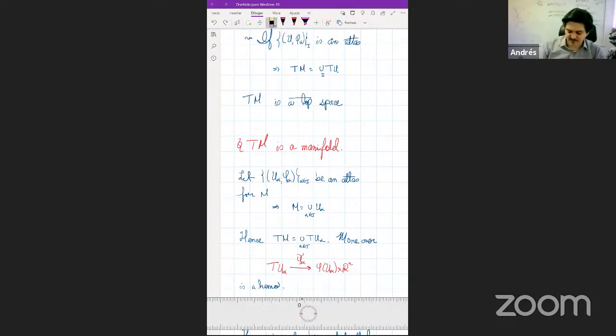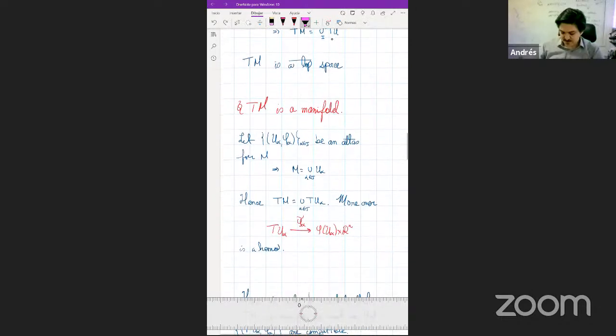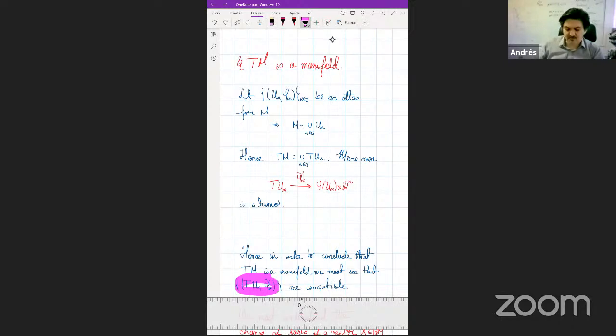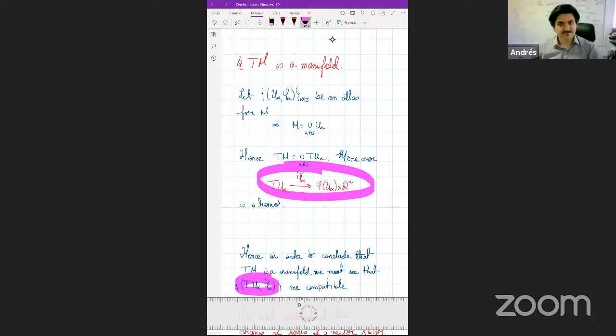We have this map that we defined before, which is a homeomorphism. So all that we need to show is that these charts are compatible, given by this.